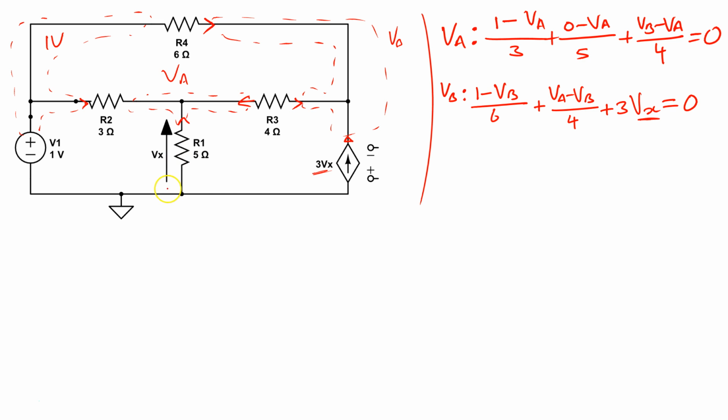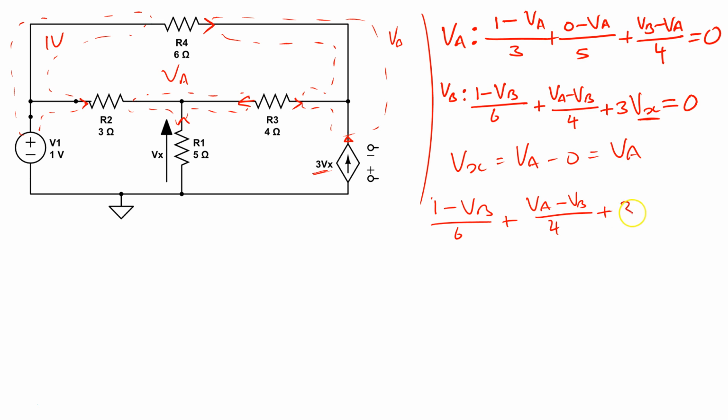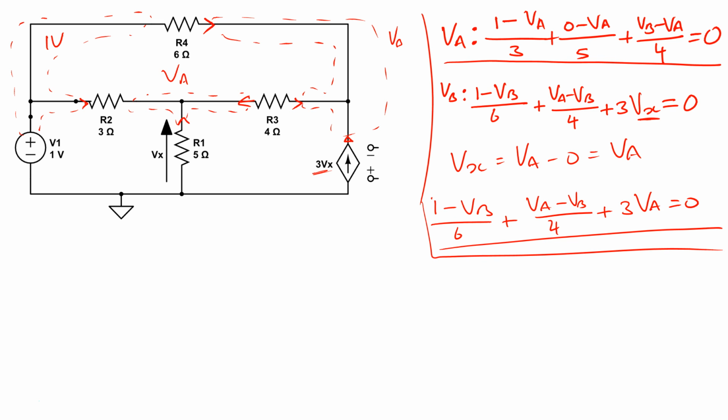So I look here at Vx, and I can see that Vx is VA minus 0, which is VA, which means I could write the equation here as 1 minus VB on 6 plus VA minus VB on 4 plus 3 VA is equal to 0. And now I have 2 equations and 2 unknowns. So I could solve the system.